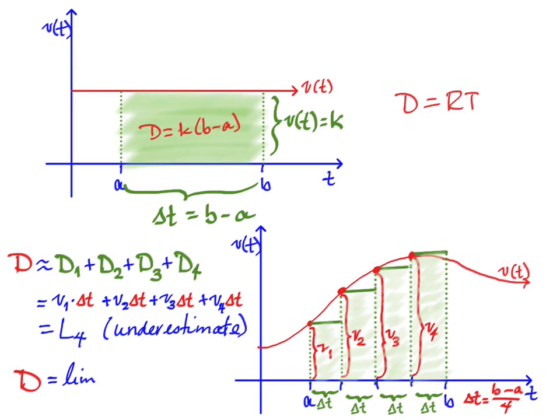And if we wanted the actual distance, we'd have to take more and more rectangles, and we take the limit as the number of rectangles goes to infinity of the sum of all those distances. So we take finite sums of distances, d1 plus d2 plus d3 all the way up to dn, and then we'd take the limit of that sum as that number n goes to infinity, and that would actually be a definite integral.